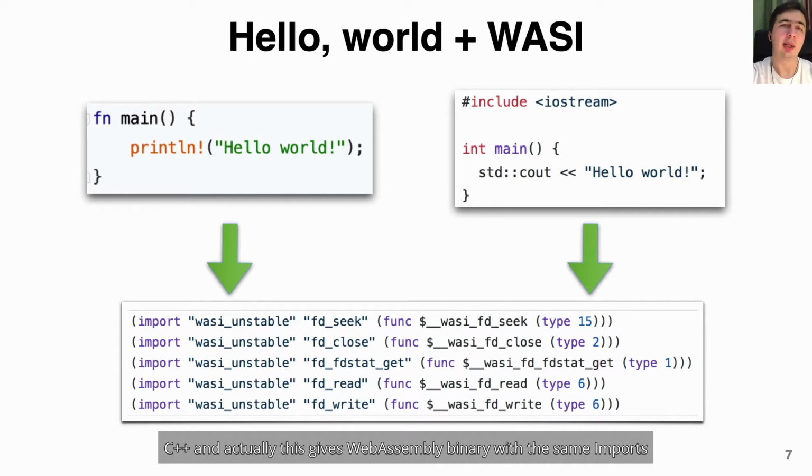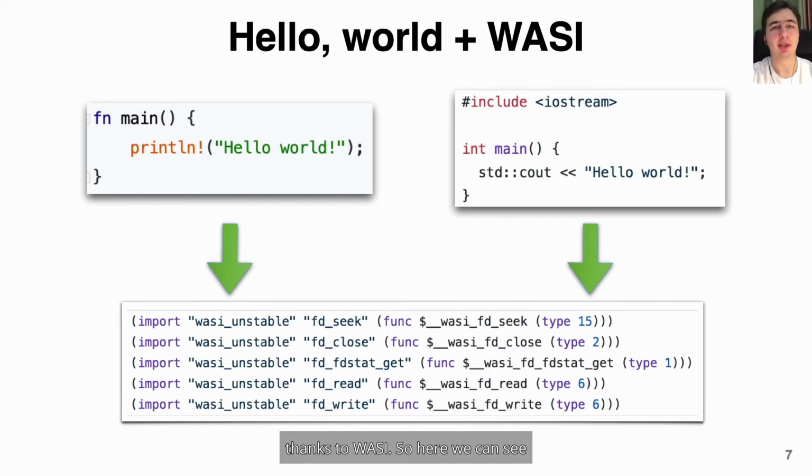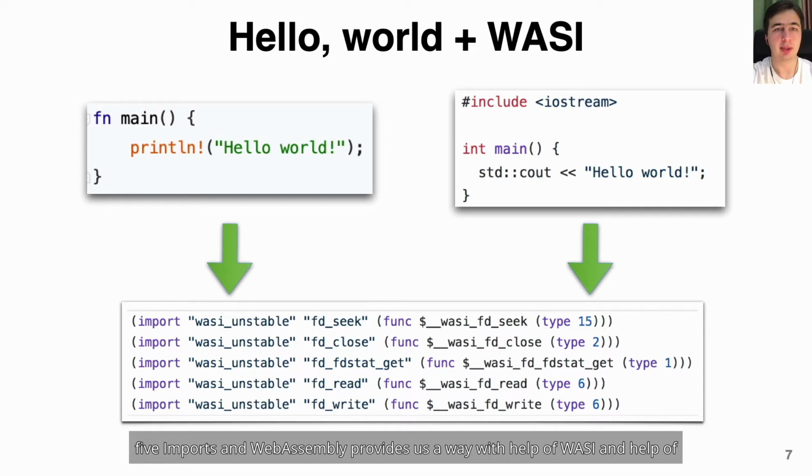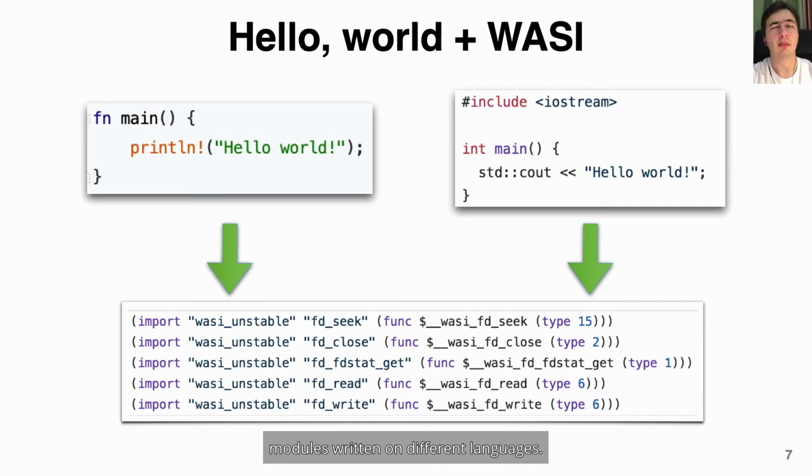And actually this gives a WebAssembly binary with the same imports thanks to WASI. So here we can see 5 imports. And WebAssembly provides us a way, with the help of WASI and modules with imports and exports, to make a heterogeneous runtime that can run modules written in different languages.